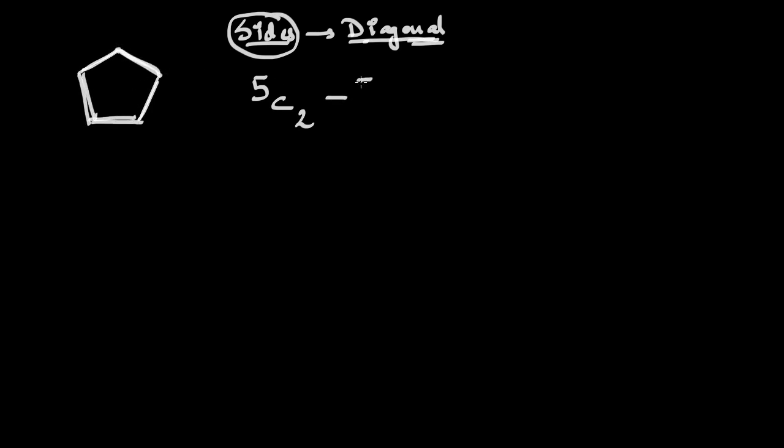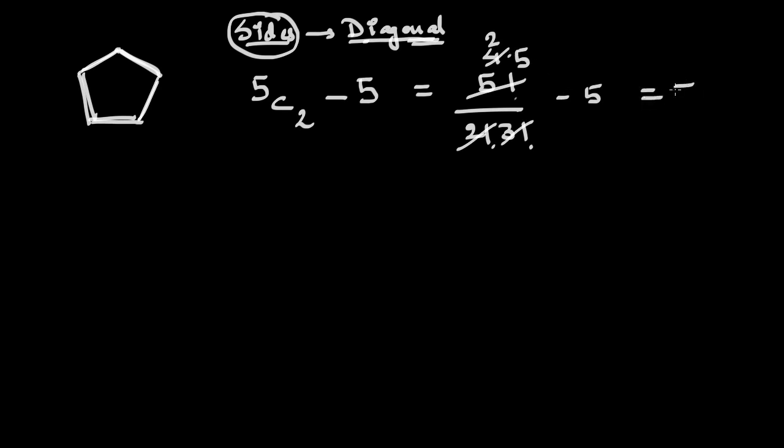So I'll subtract 5, because these 5 sides I have considered as my diagonals as well. So out of 5C2, I'm subtracting those 5 sides in order to get the total number of diagonals. So this value will be equal to 5 factorial upon 2 factorial times 3 factorial, minus 5. 3, 4 times 5, this will be equal to 2 times 5. 2 times 5 is 10, 10 minus 5 is 5, which will give me the total number of diagonals.